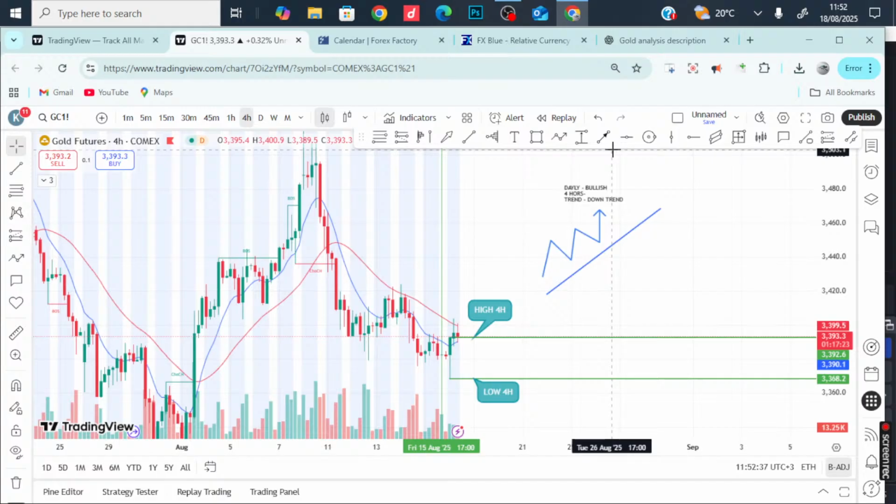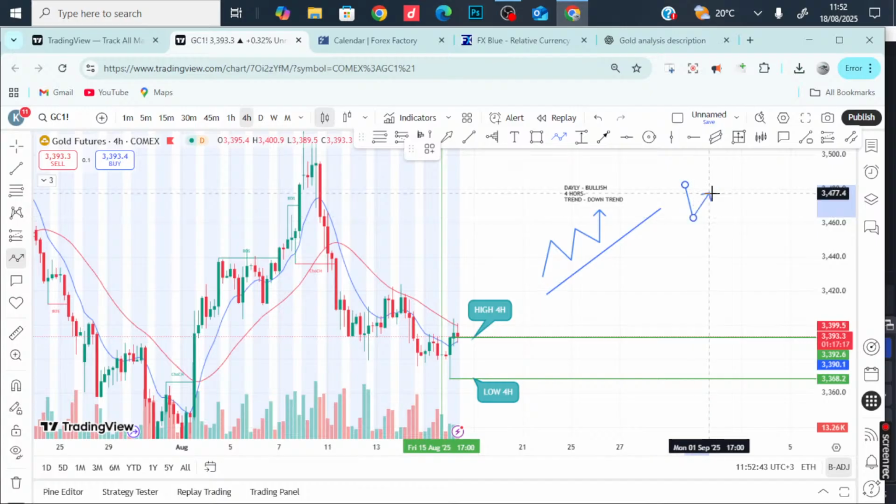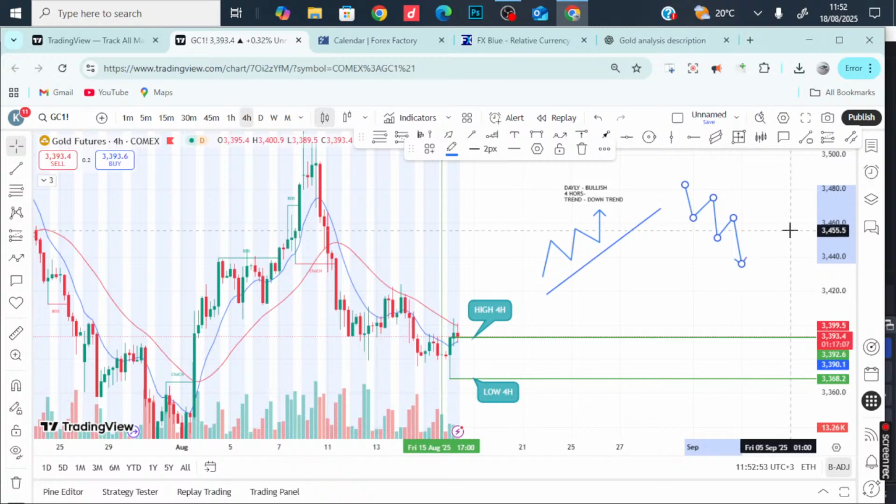So the market was moving majorly in a downward trajectory.